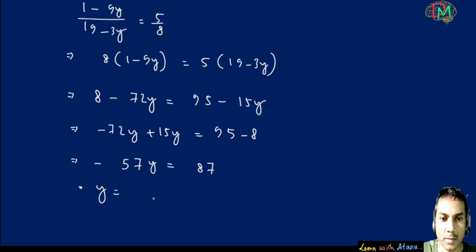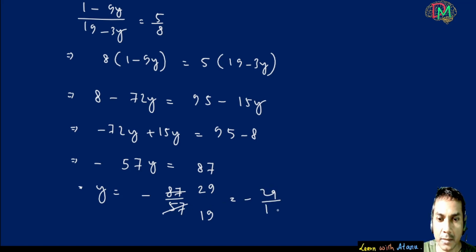So y becomes minus 87 by 57. Both are divisible by 3, the sum is divisible by 3, so it is minus 29 by 19. This is the answer.